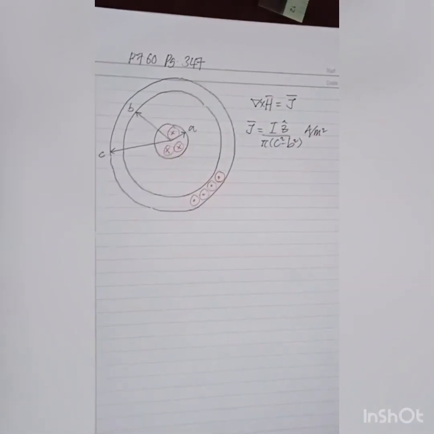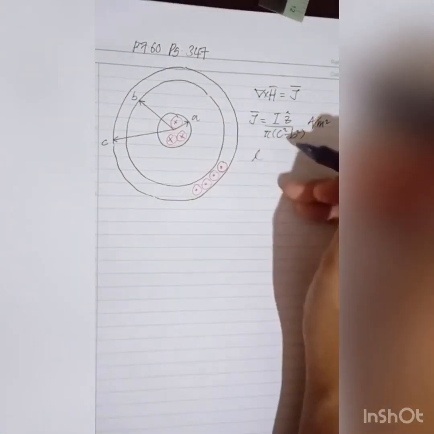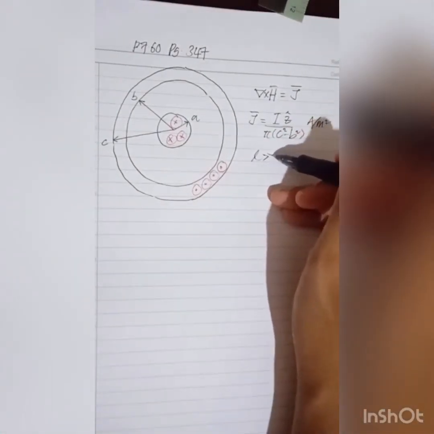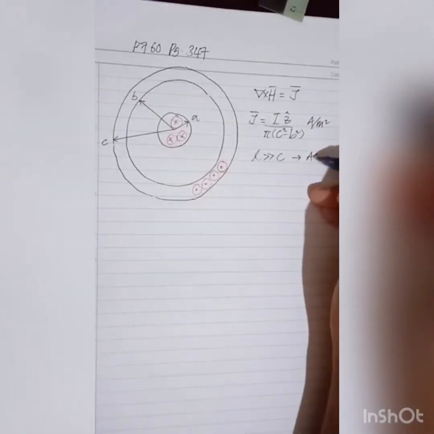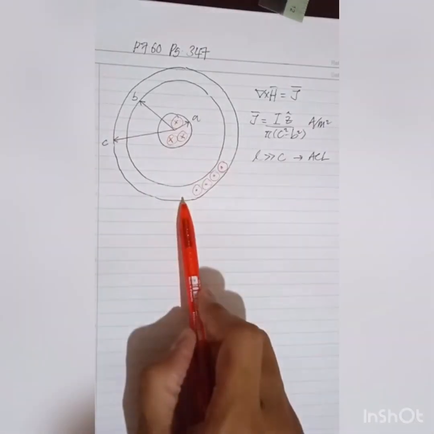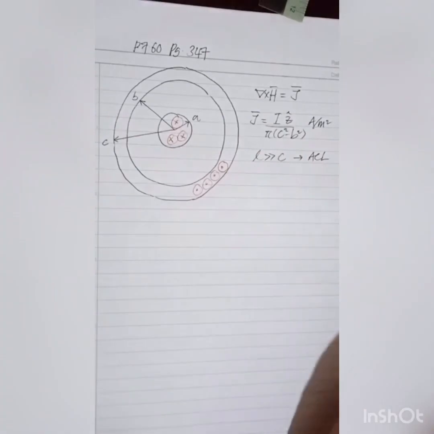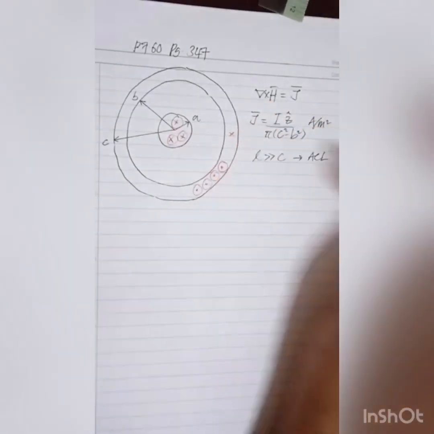So let's proceed to find H using Ampere's circuital law again. We assume that L, the length of the cable, is much longer than the radius c, so we can simply use Ampere's circuital law to find the H field within the coaxial cable. I want to find the H field within the outer conductor. So let's pick any position as our point of interest. Let's say that's my point of interest.